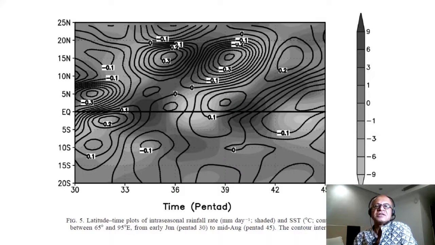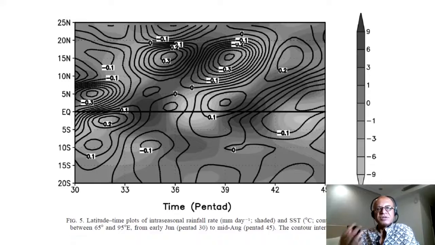The other point made by Xiaohua is also very important. Looking at the relation between sea surface temperature anomalies at intraseasonal time scale, shown here as the contours, and precipitation, shown here as anomalies in gray shades. The main point is that the sea surface temperature gets organized before precipitation happens.